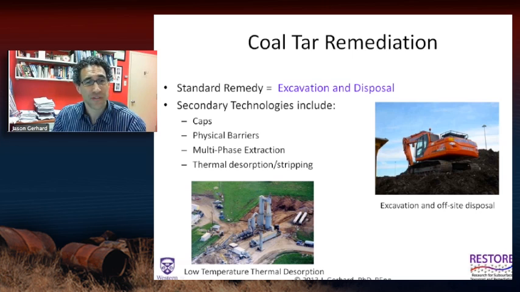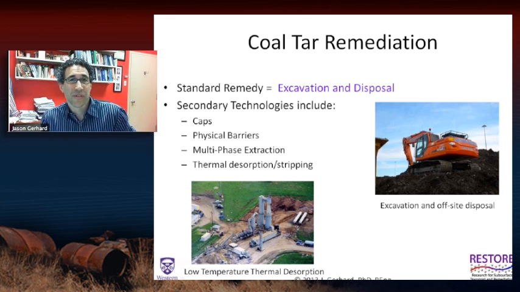There are other ways of dealing with coal tar sites, but there's very few options. One is to isolate the site from the rest of the world, either with caps or sheet piling or concrete walls, concrete barriers. So there, you basically isolate the site and prevent any kind of exposure to the groundwater or to the rest of the world.